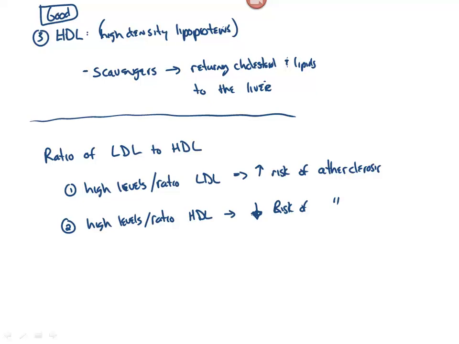Or conversely, if I have very low levels of HDL, that also increases the risk, right? And so, in general, it's important to have the proper ratio. If you have good LDL levels but really poor HDL levels, then you're still going to be at risk.